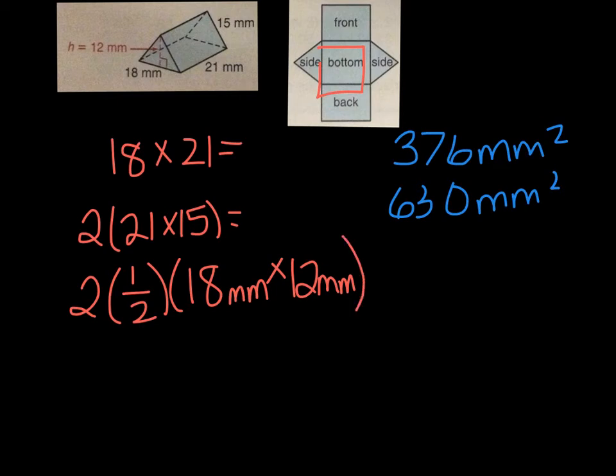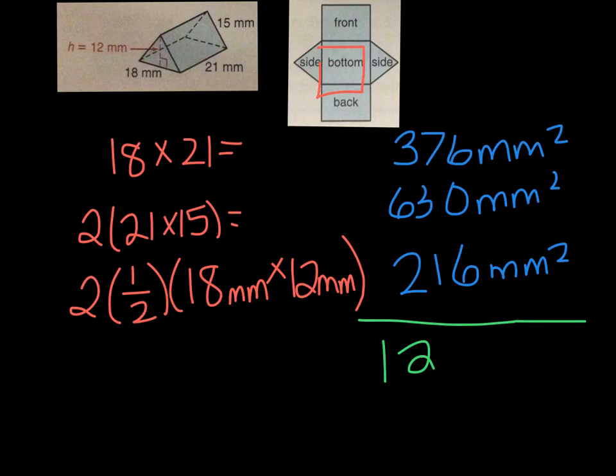And when I multiply that all together, I get 216 millimeters squared, and then all that's left is to add them up. So when I add them up, I get 1,224 millimeters squared. So again, when you have a triangular prism, you're going to add the area of the base.